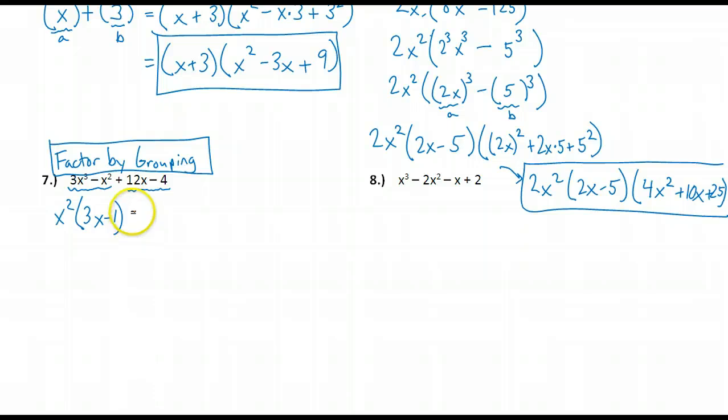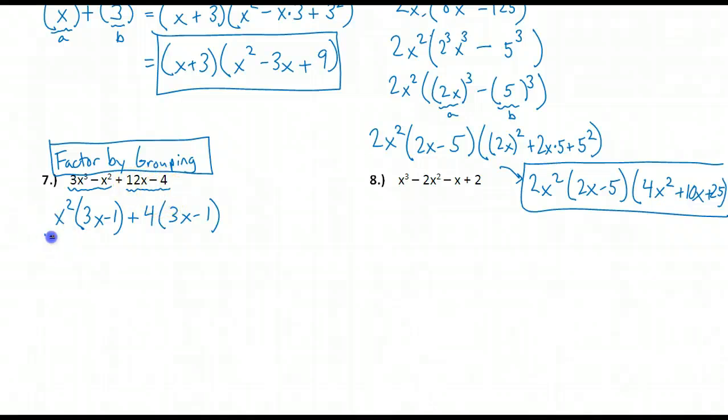So I'm going to factor out a positive 4. Notice that this expression is equivalent to this expression. If I distributed this x squared into the parentheses, I would have 3x cubed minus x squared plus 12x minus 4. I haven't changed my problem any. I've just factored out a term from my first 2 terms and a term from my second 2 terms.